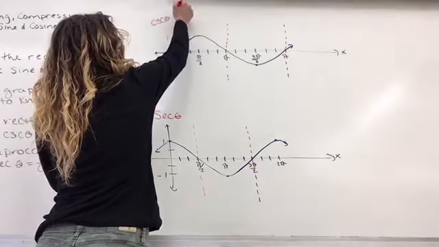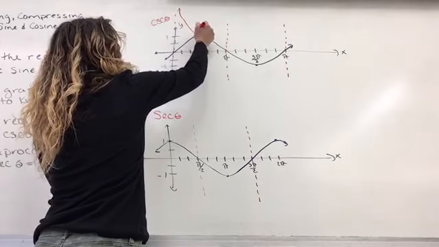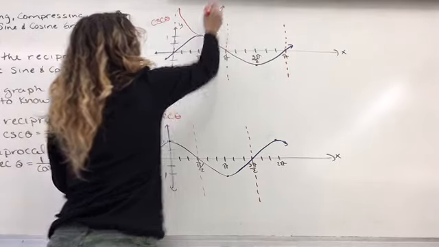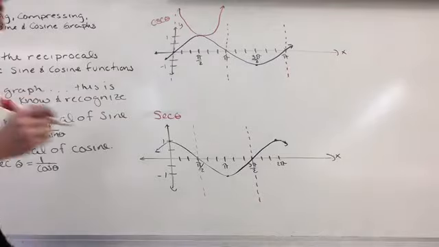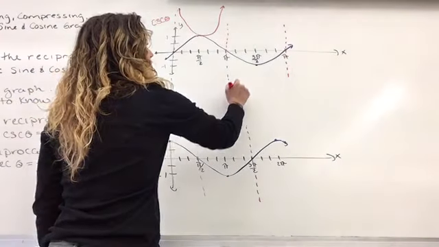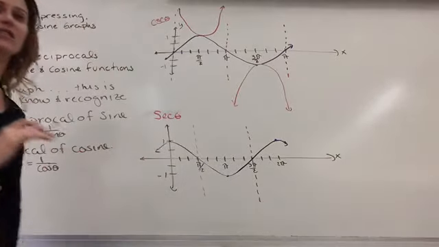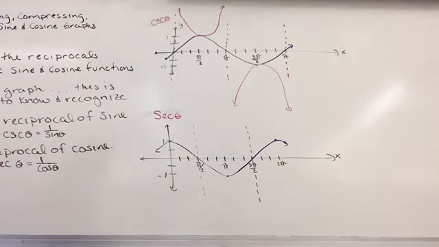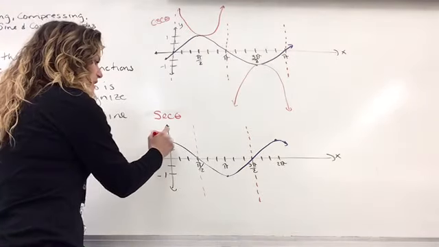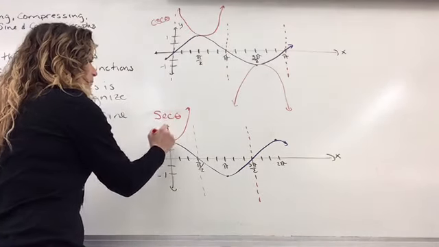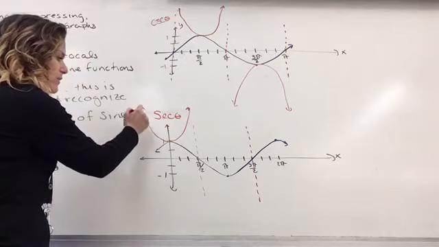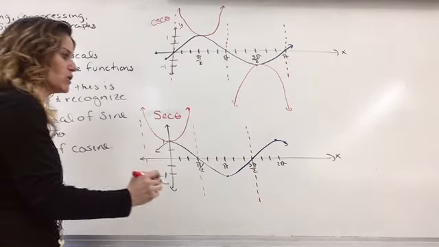But a cosecant graph comes in pieces. It comes all the way down, touches, and goes up. And I know mine's kind of lopsided. And then over here, it does the same thing, and it comes down. And they're in pieces. They're in parts that never touch each other. Just like with the cosecant, this one would be here and go up, and it'd have one over here because there would be another dotted line over this way, another asymptote.